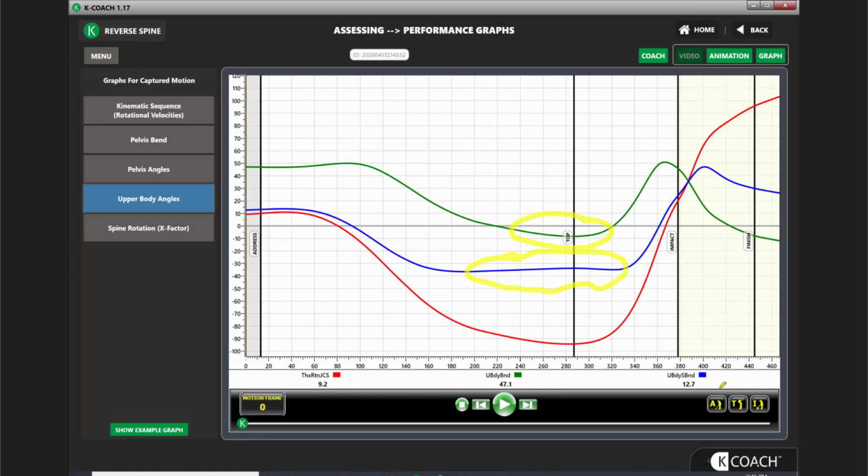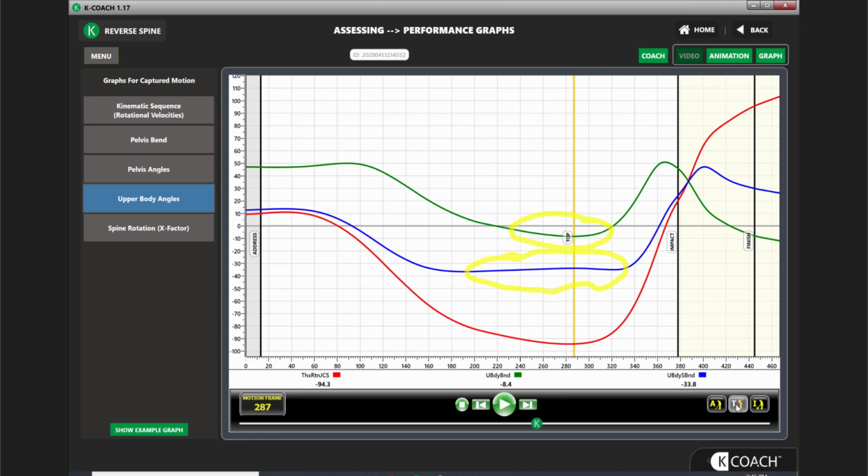When we get to the top of the swing, not only have they started to go into that extension or reverse spine, but they are at about 33 degrees of side bend, which means they're starting to even lose the shoulder tilt at the top of the swing to get into the amount of rotation that they feel they need to get up to the top. So those are the areas where you really want to pay attention.